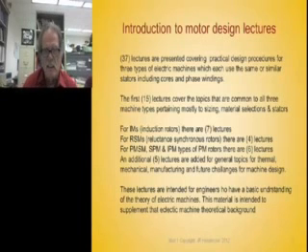Then there's 7 lectures on the detailed design of the rotors for induction machines using the stators described in the first 15 lectures. The next 4 lectures describe the design techniques for reluctance synchronous motors.